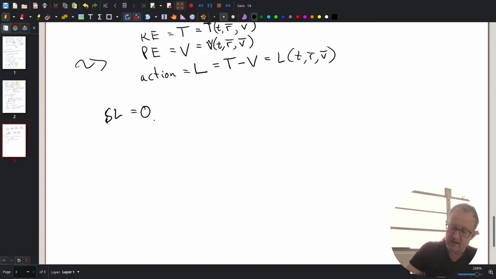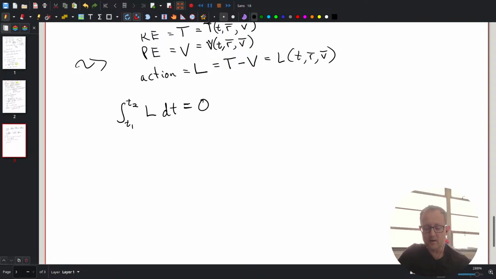So delta L, and if I say delta L is 0, really what I'm trying to say is that over time, the integral from t1 to t2 of L dt should be 0, at least if there's no external work.